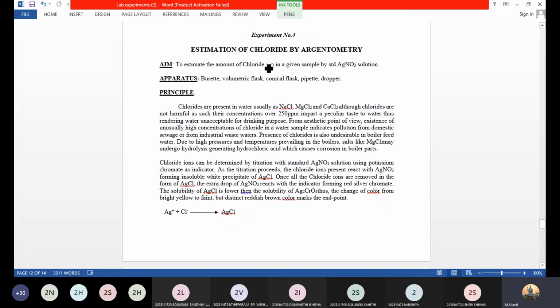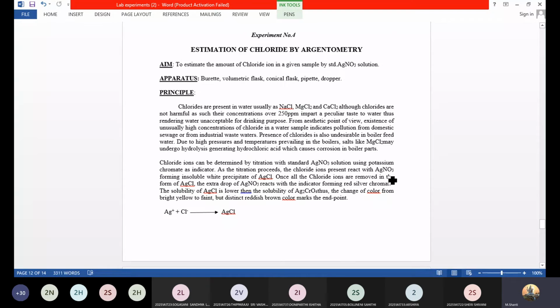Not only that, if you remember, the presence of chlorides in the form of magnesium chloride in the boilers under high temperatures and pressures, the magnesium chloride gets hydrolyzed and gives HCl, and this HCl actually causes the corrosion of the boiler parts. So these are the important applications of estimating the amount of chloride ions in the water sample.